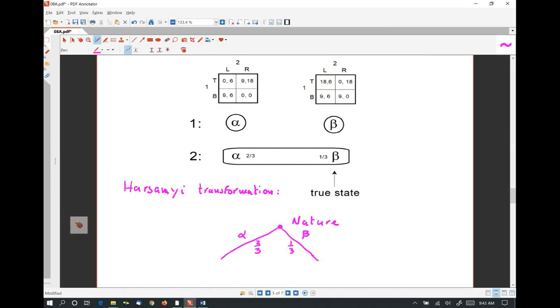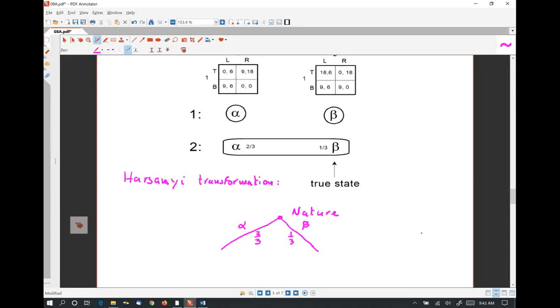So we start with the move of nature, and then we let player 1 know what the state is, because that's what the picture says: if the state is alpha, then player 1 knows, and if the state is beta, then player 1 knows. So we have a node where player 1 chooses between T and B, knowing what the state is, so essentially knowing what the game is.